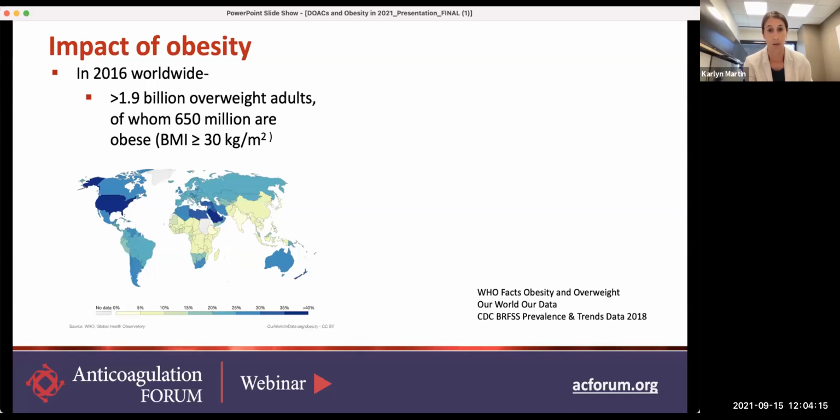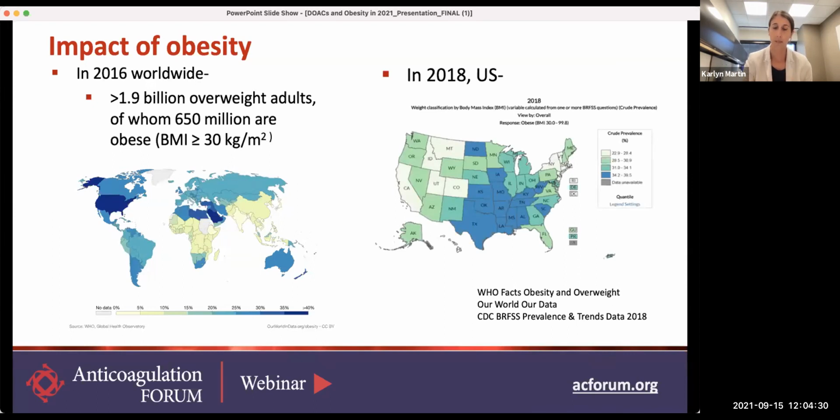According to the World Health Organization, in 2016, over 1.9 billion adults were overweight, as defined by a BMI greater than 25, 650 million of whom were obese with a BMI of greater than 30. On the right here, you can see the impact specifically in the United States. This represents the prevalence of obesity in each state.